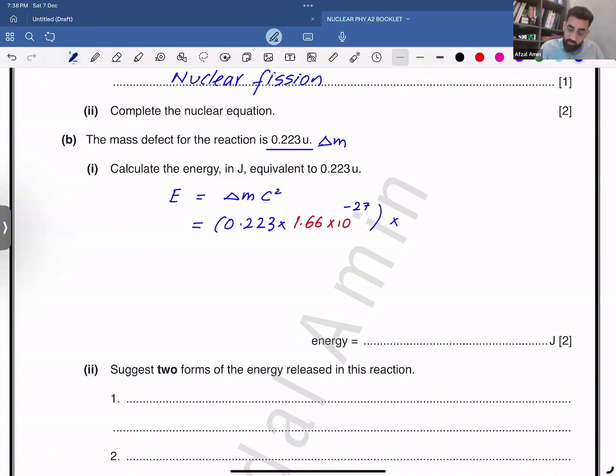That's the U. Into speed of light, C, 3.0 into 10 power 8 squared. So you solve, substitute, you get the answer. Since given values are 3 significant, you will also give 3 significant figures.